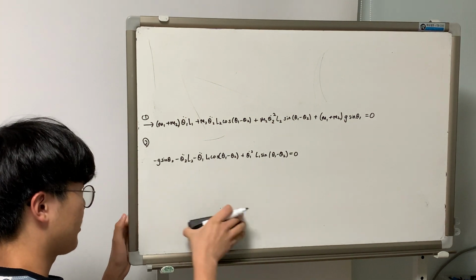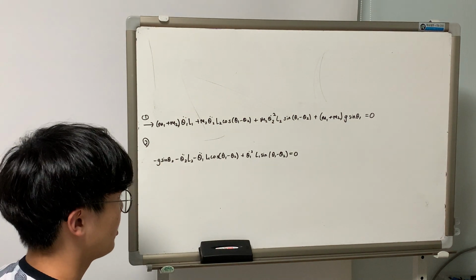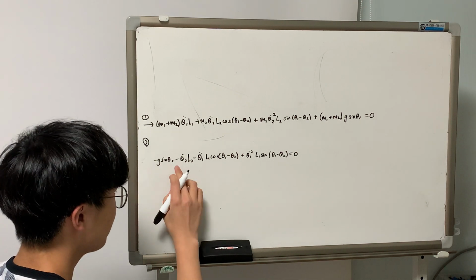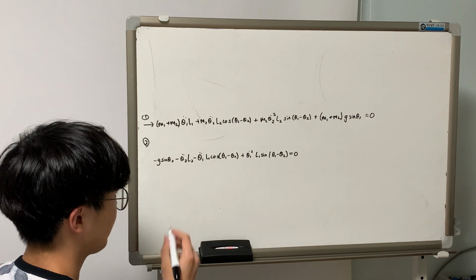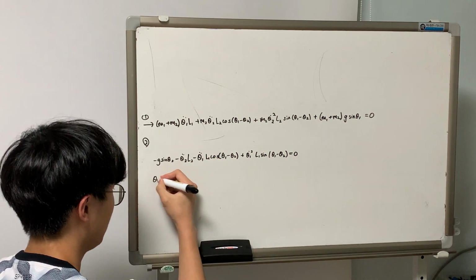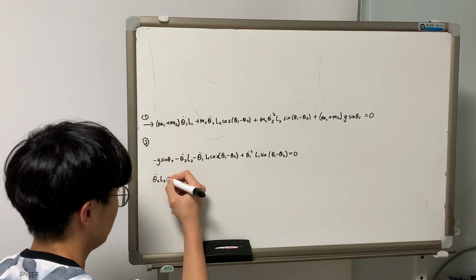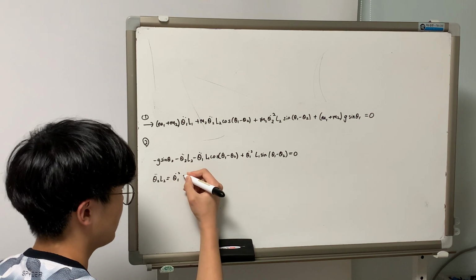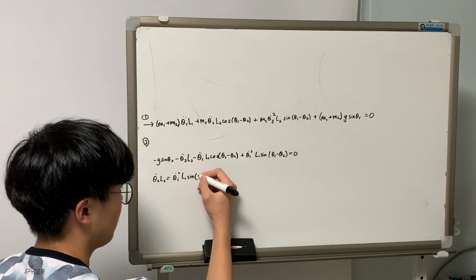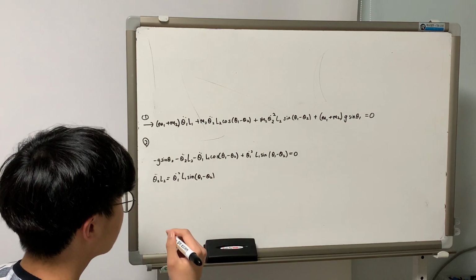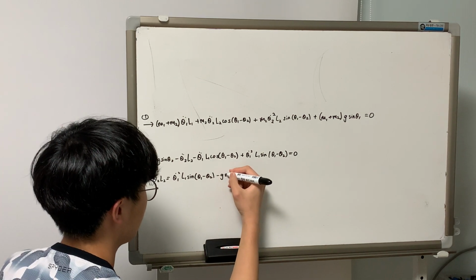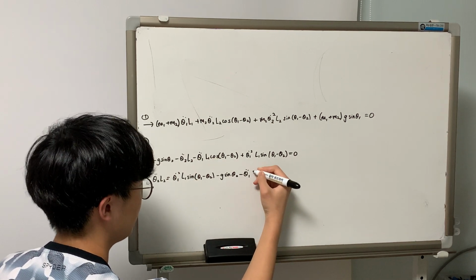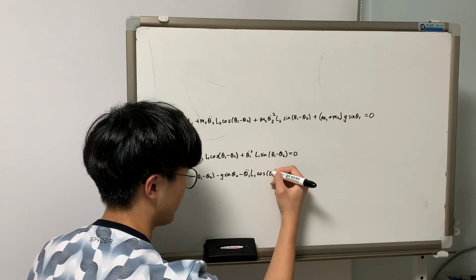And in order to do that, I'm going to first get a value for theta 2 dot dot. So when I rearrange this equation in terms of theta 2 dot dot, I'm going to have theta 2 dot dot on that side. So theta 2 dot dot L2 is going to be equal to theta 1 dot squared L1 sine of theta 1 minus theta 2, minus g sine theta 2, and minus theta 1 dot dot L1 cosine of theta 1 minus theta 2.